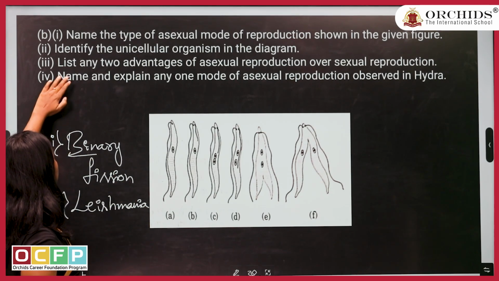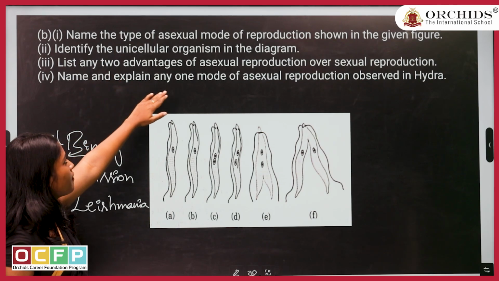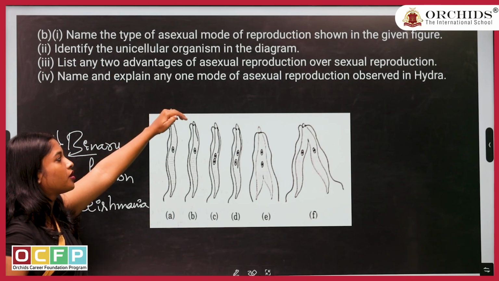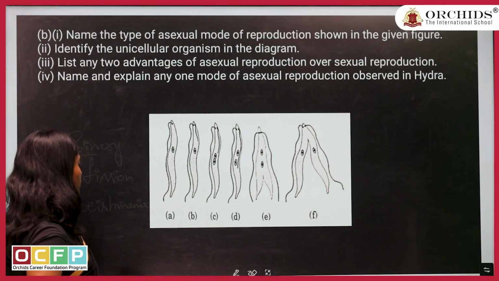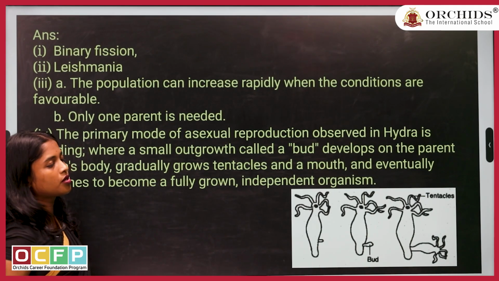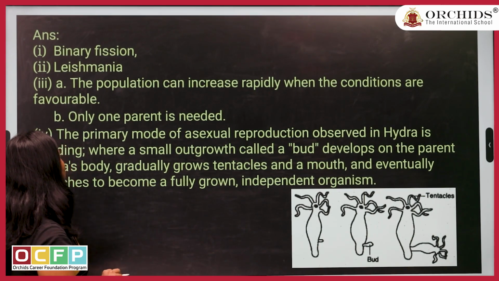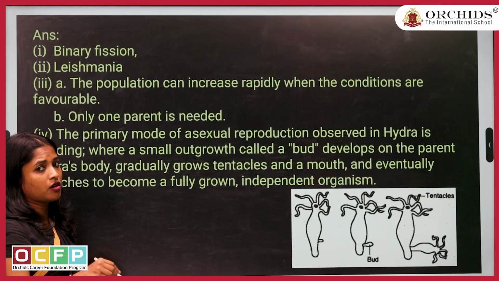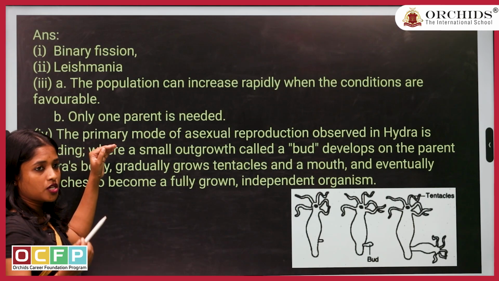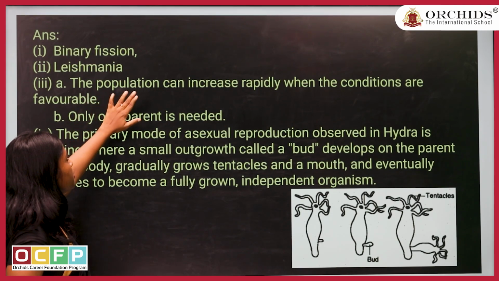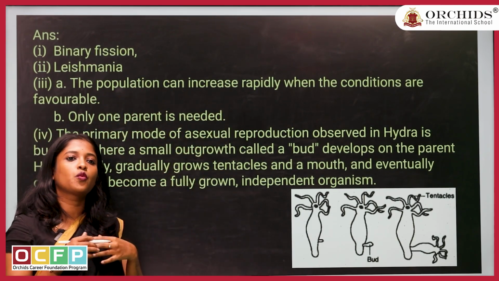It is very easy. The next one: list any 2 advantages of asexual reproduction over sexual reproduction. Why is it important? What is the advantage of it? The first advantage is that the population can increase very rapidly.